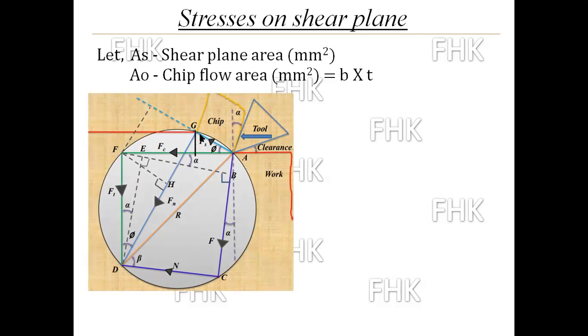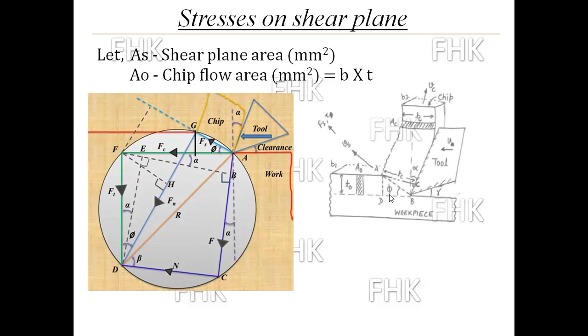I will draw a straight vertical line which is perpendicular to force Fc and meets a point on the shear plane. Shear plane is denoted by phi here. So you can see here the triangle BAD, formed due to the vertical line which I draw through point G.